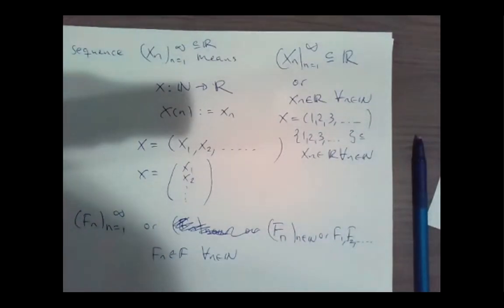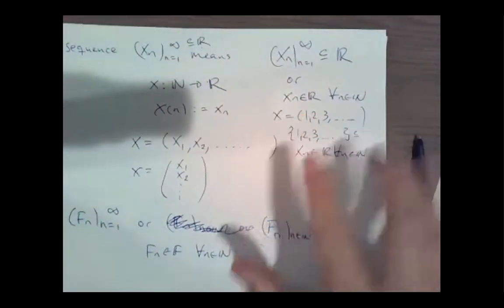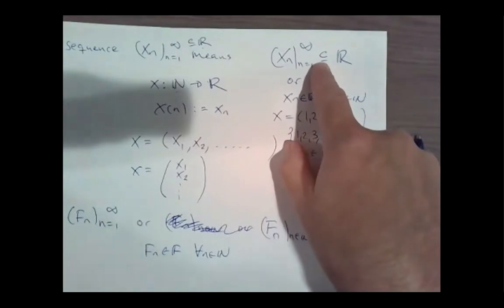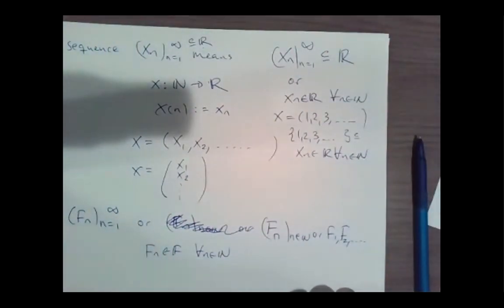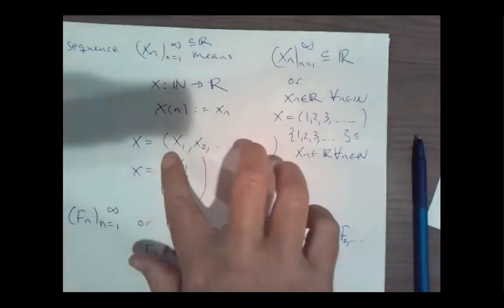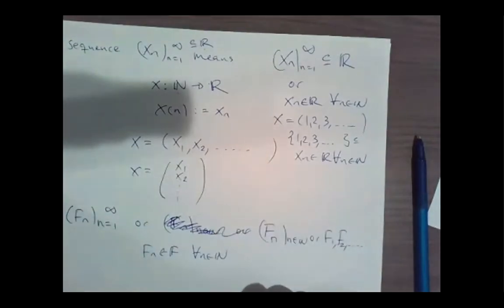Yeah, I'm a bit liberal here when it comes to using these. When I write something like this, I'm just thinking about the xn's as being a collection of points. You can organize them as a vector, putting these parentheses, or I can organize them with curly brackets.